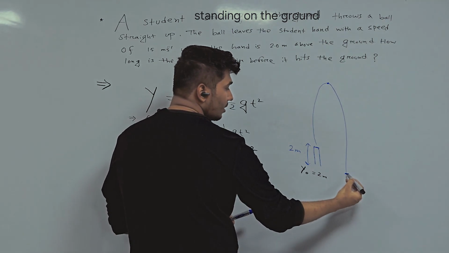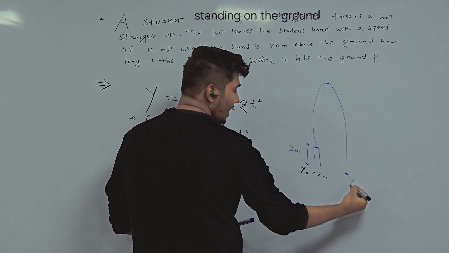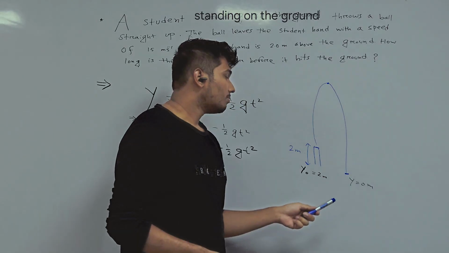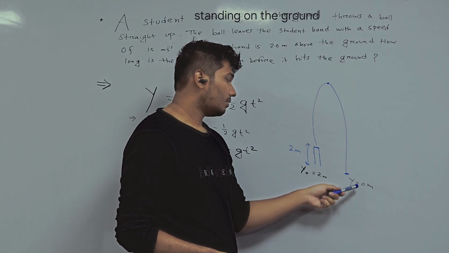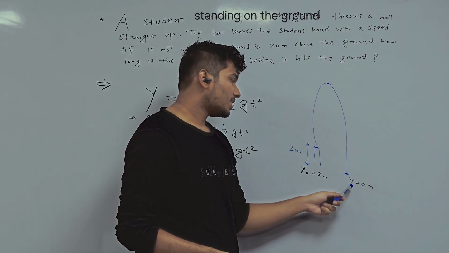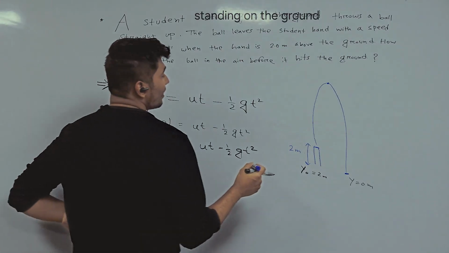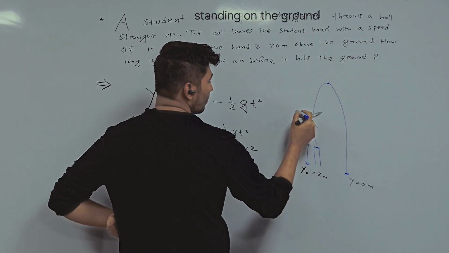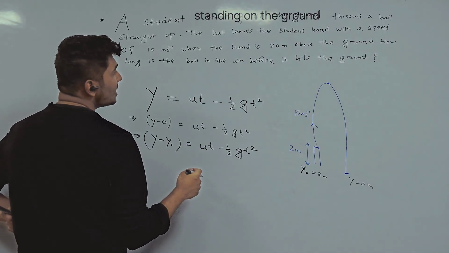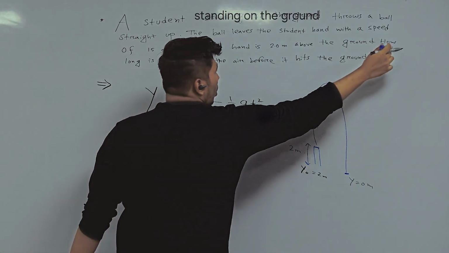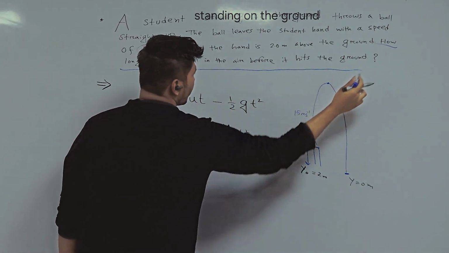The final height, when the ball again landed on the ground, becomes 0 meter, because when the ball is in contact with the ground, there will be no displacement along the y-axis. I mean the height will be 0 meter. The velocity given is 15 meter per second. Now we can easily determine how long the ball is in the air before it hits the ground.